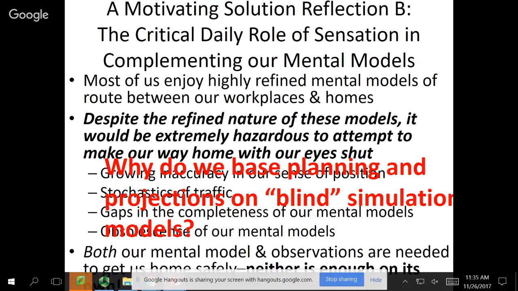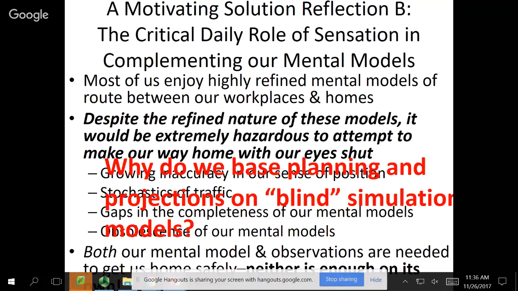We use it to try to go forward with this high quality model without any new input to that model, without regrounding the model, without updating the model. It's much like depending on our fine models in our heads to get home with our eyes closed. We're not updating our sense of where we're at now and our sense of some of these uncertainties, such as stochastics, that affect us.